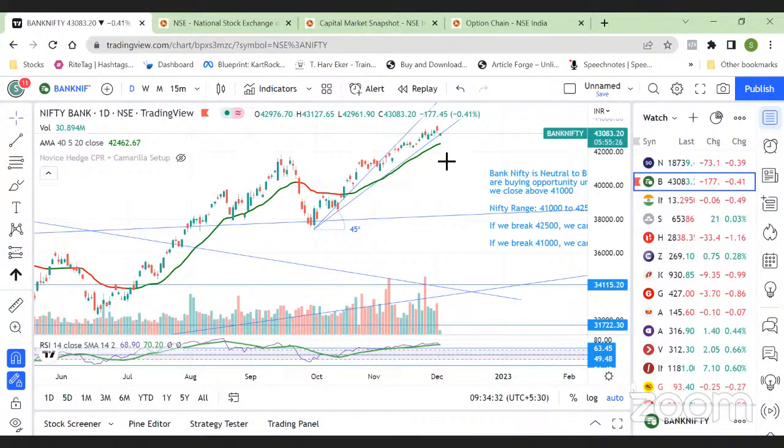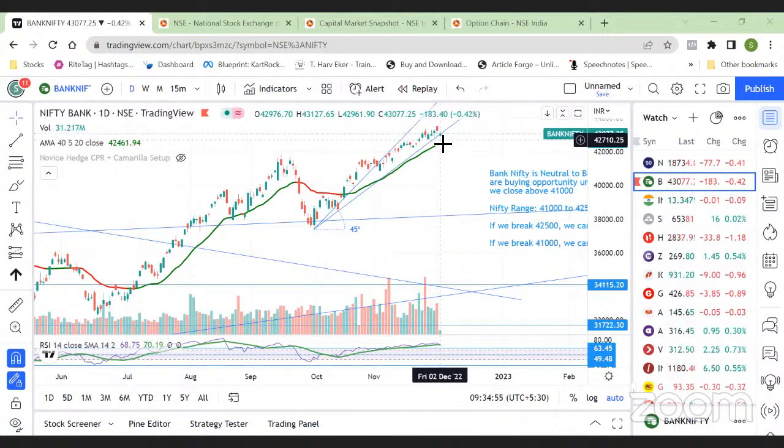So if you are very fast in that, you can go ahead and take the trade. Personally, I don't do that. It is up to you. If you see here, it went up to 43,127.65.